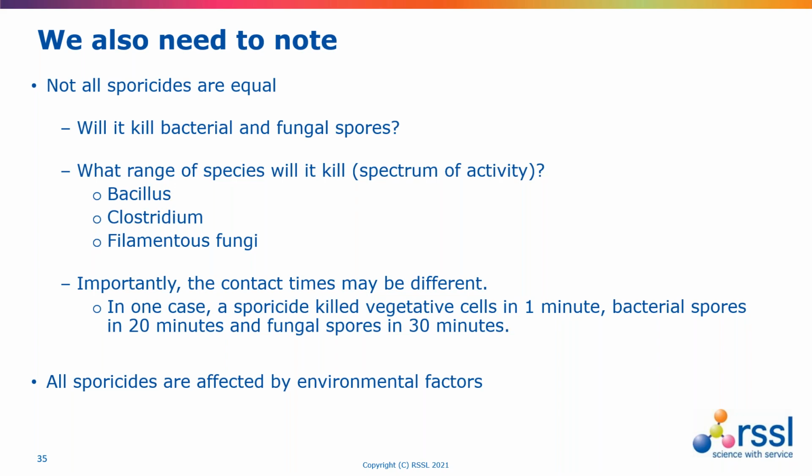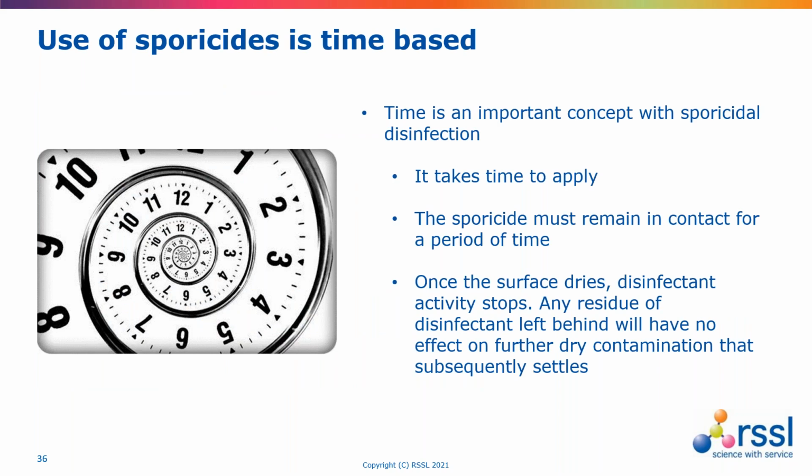And we also need to make sure that our variables, the temperature and humidity that we're applying these things to, are consistent. And we are able to control time properly. We have sufficient time to apply. We have sufficient time to ensure that the sporicide remains in contact with the surface, and we are able to make reapplications as required.